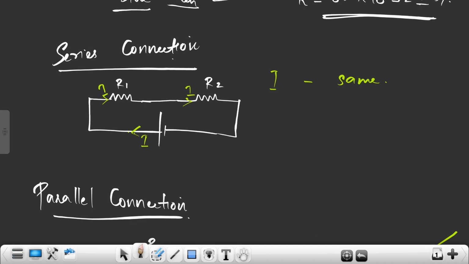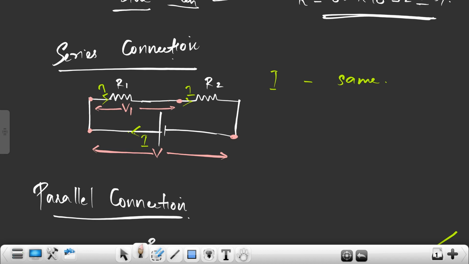Then second point, what about the potential difference? To find the total potential difference of the circuit, we can connect a voltmeter across these two ends. Then we get the potential difference as V volt. Next, I want to find the potential difference across the resistor R1. For that, I want to find out the potential difference across these two ends. Let it be V1 volt.